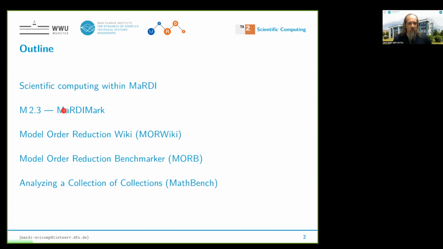Then I want to go a bit deeper into this measure 2.3, MaRDI mark, where we are concerned with benchmarking of mathematical experiments, basically the software on certain data. The other points down here are, in one way or the other, contributing to the goals of this measure.